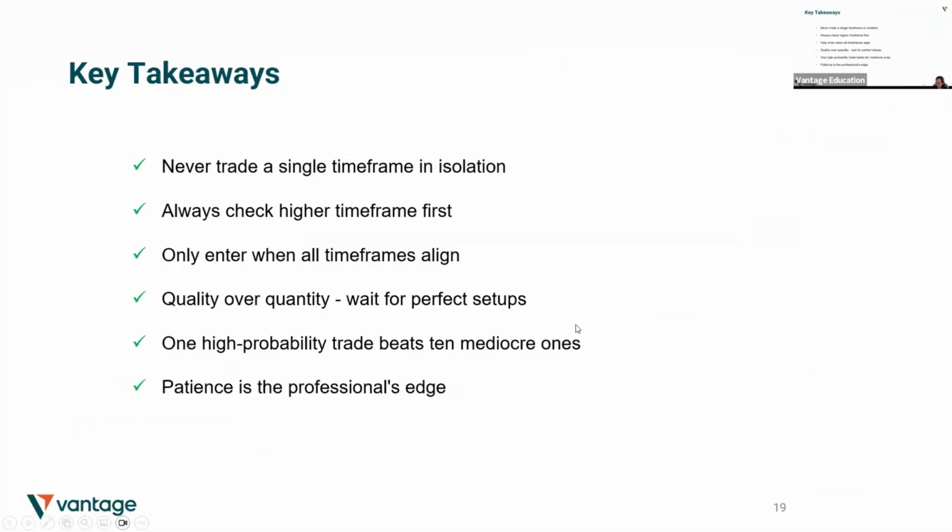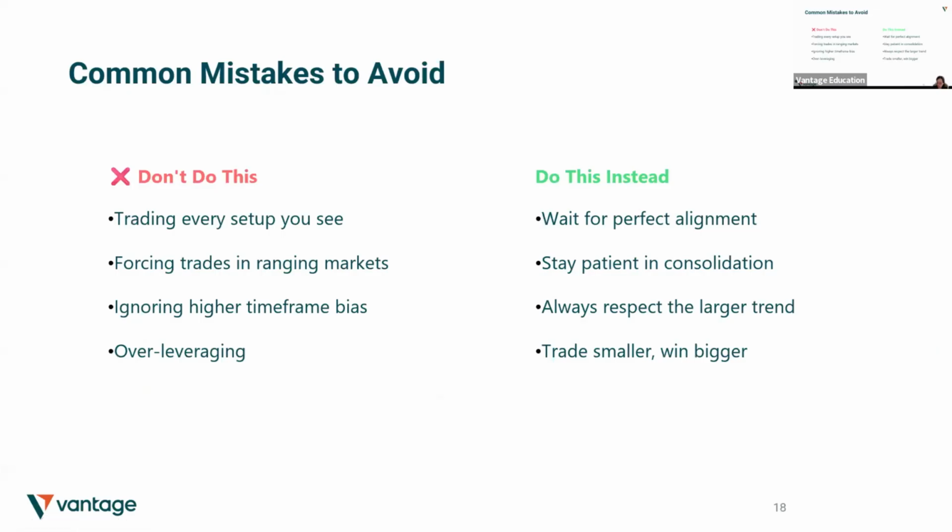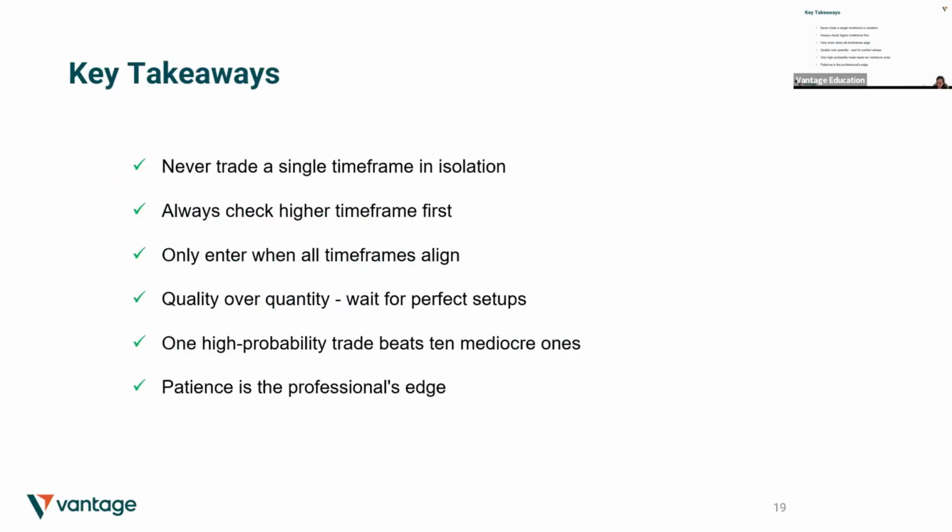Wait for perfect setups. One high probability trade beats ten mediocre ones. Patience is the professional edge. These are the key takeaways for today. If you always trade with only one single time frame, from now on, you should look for two or three time frames. Higher key level on high time frame, you go to M15 or M5 to enter your trade.